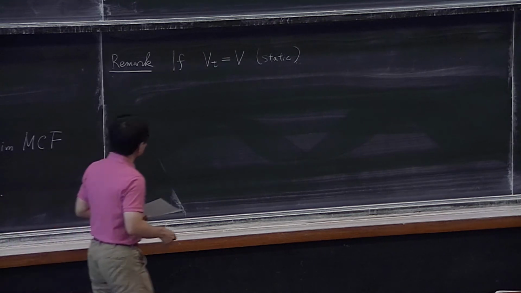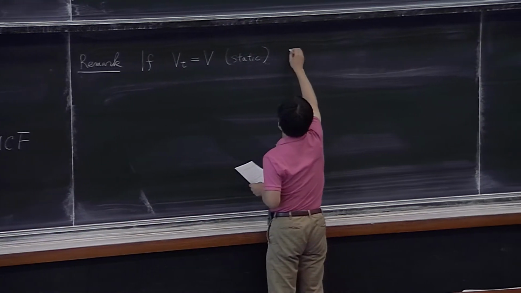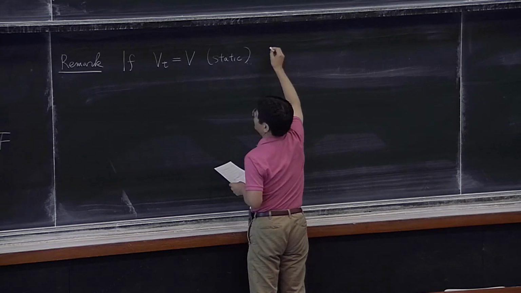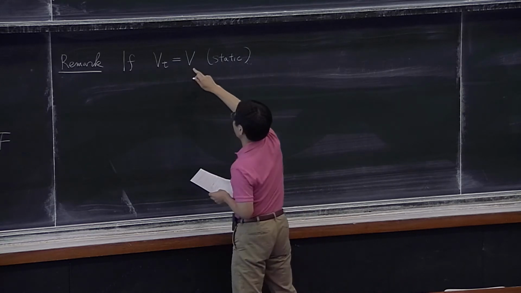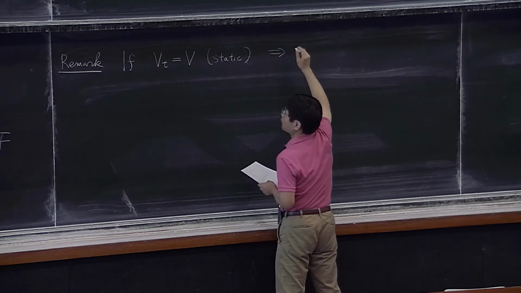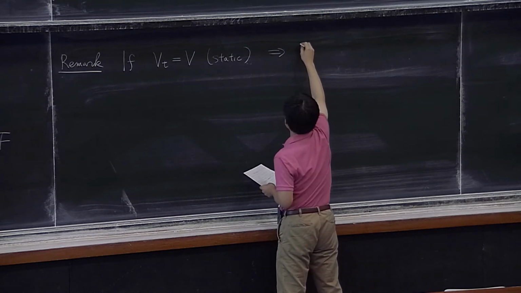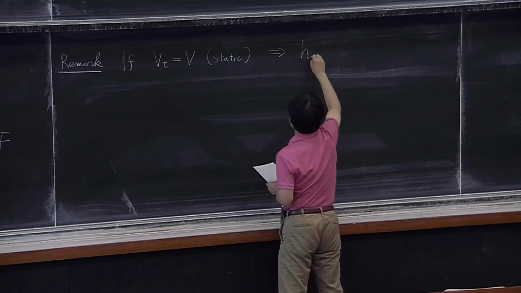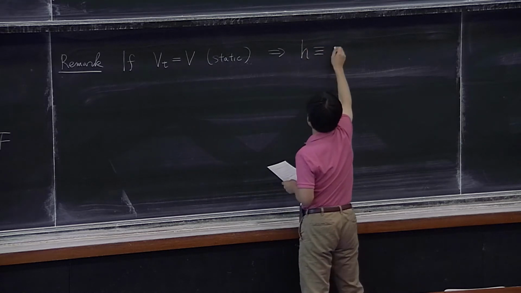If it's static, then you can actually prove that the mean curvature has to be equal to 0.